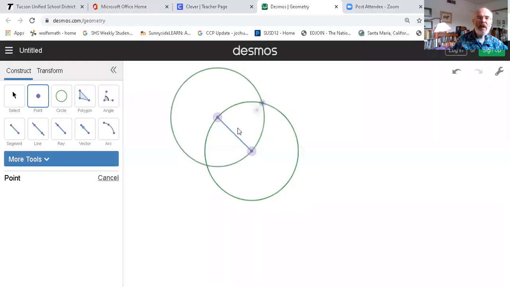So I'm going to stop the share, go over to Desmos, start the share, and I'll click point and put a point here. That would be C, and that one would be D. Okay. All right.